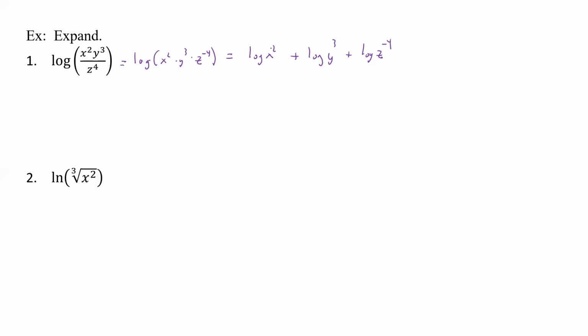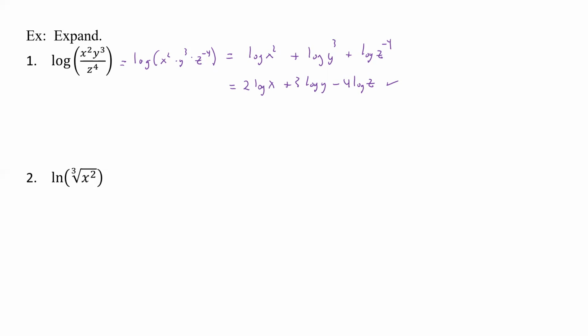Then we can use our power rule and bring each one of those down, and we get 2 log of x plus 3 log of y minus 4 log of z. So that is going to be our final answer.